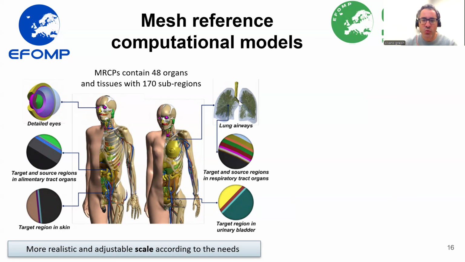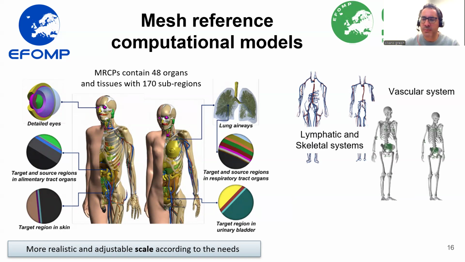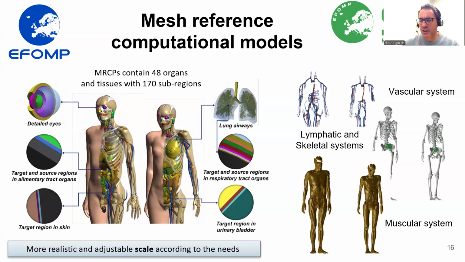Here you can see the detail that we can achieve with these mesh reference computational phantoms. Also here, some details of the accuracy of the geometry that we can get with the vascular system, the lymphatic and skeletal systems, and the muscular system, which was not achievable at this accuracy with voxel phantoms.